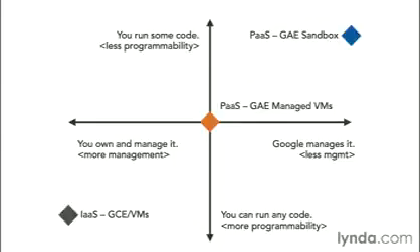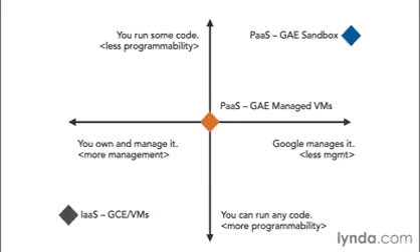An interesting new component of App Engine is something called a Google App Engine Managed VM. In order to understand what this is, it's important to consider the strengths and the limitations of the current compute offerings. So let's look at this on a sliding scale. If you look left to right here, left being you own and manage your virtual machines, that offering is Google Compute Engine or VMs.